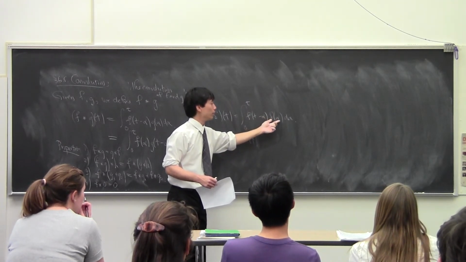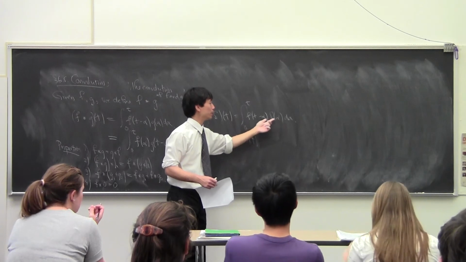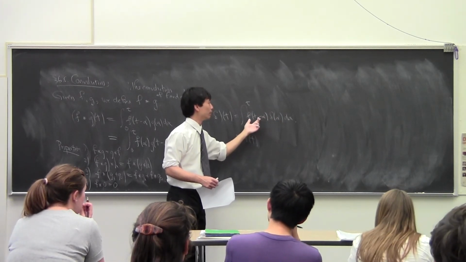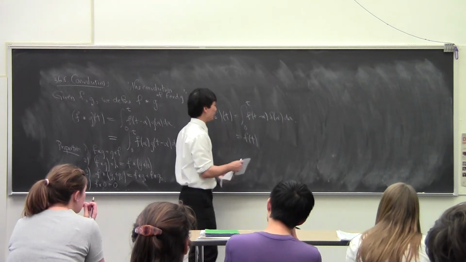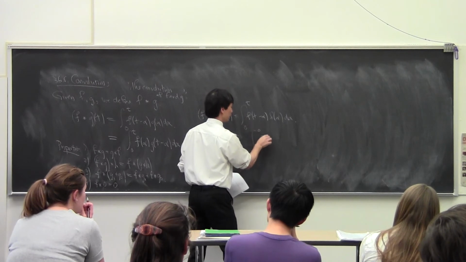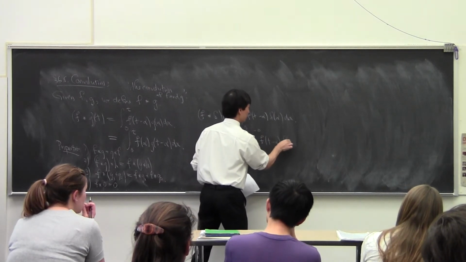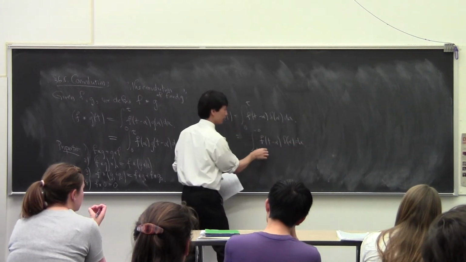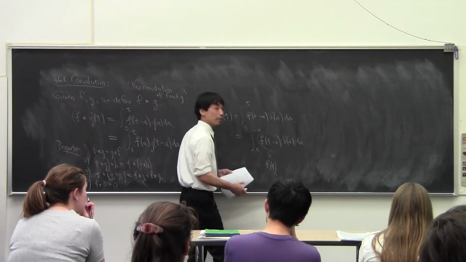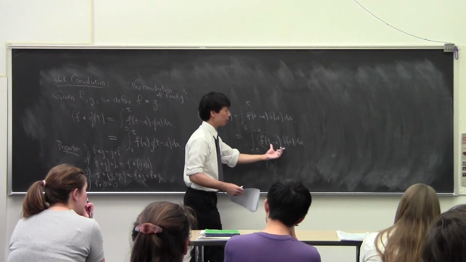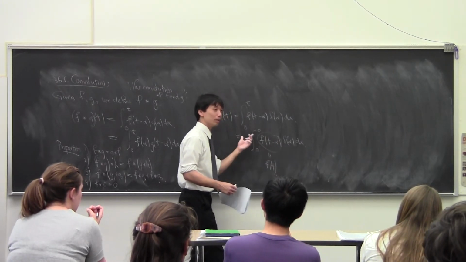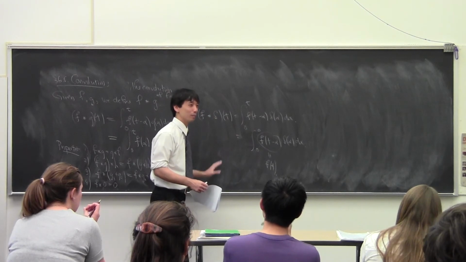So unless alpha is equal to 0, you just ignore everything. So this is going to be the integral from 0 to 0 of f of t minus alpha. When alpha is equal to 0, this is f of t, and so you get f of t times 1.